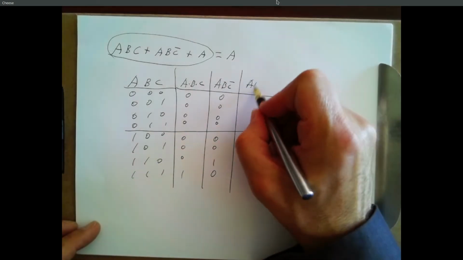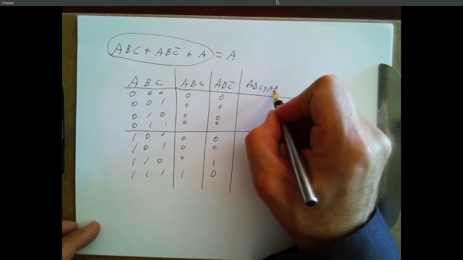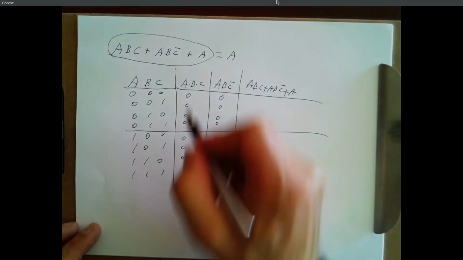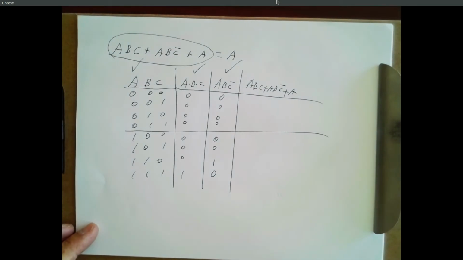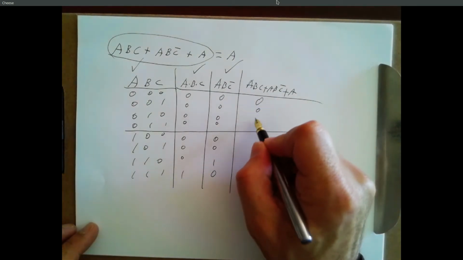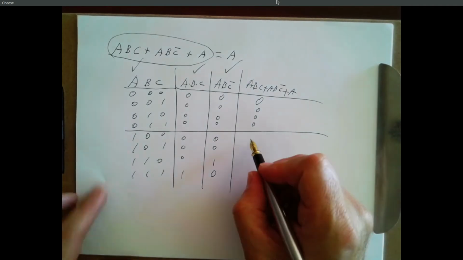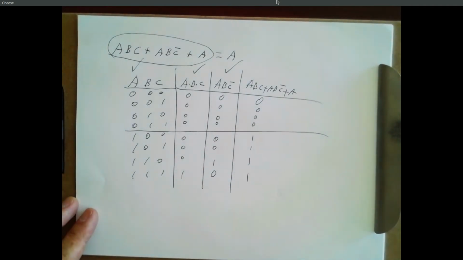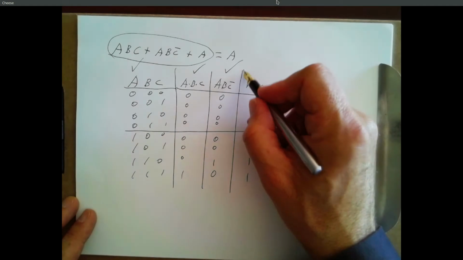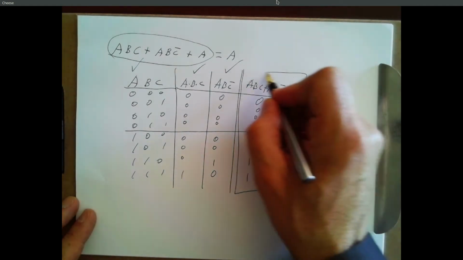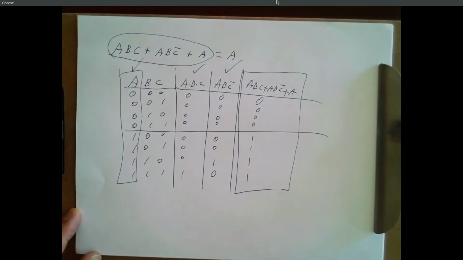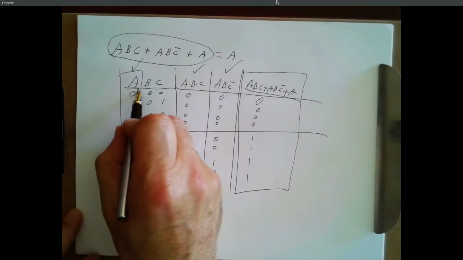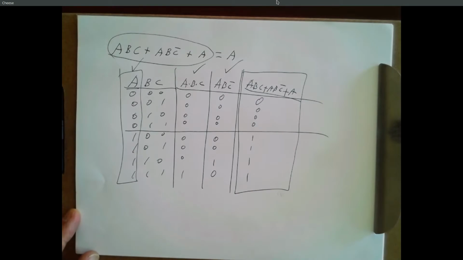And so ABC OR ABC bar OR A is just this, ORed with this, ORed with A. And that's just going to turn out to be 0 in the top half and 1's in the bottom half. And now by simply noting that this column is exactly the same as this column in all possible cases, we can say therefore this expression is equivalent to that expression. So that big long thing is equivalent to just A.